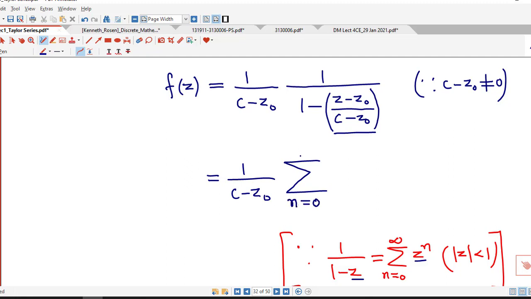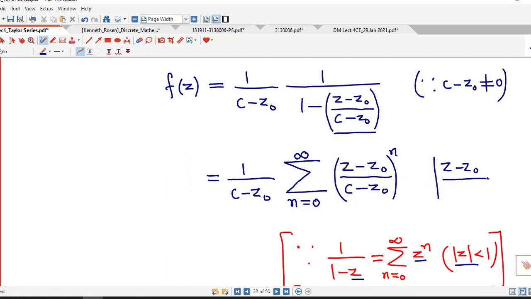So we have sigma n equal to 0 to infinity of z minus z0 divided by c minus z0 to the power n. So this expansion is valid if the absolute value of z minus z0 over c minus z0 is less than 1.